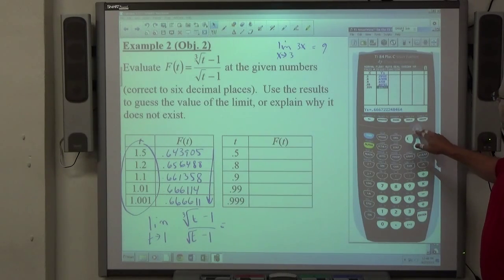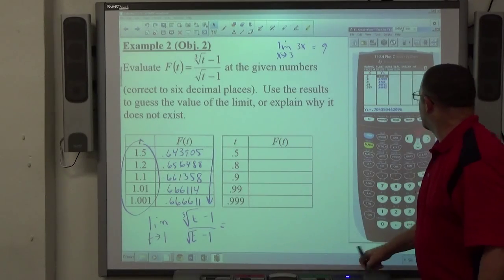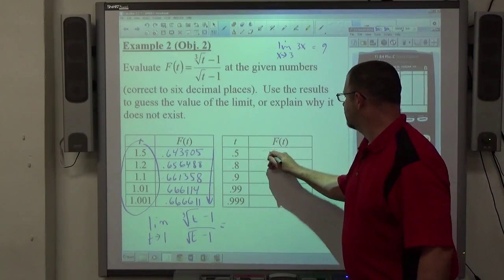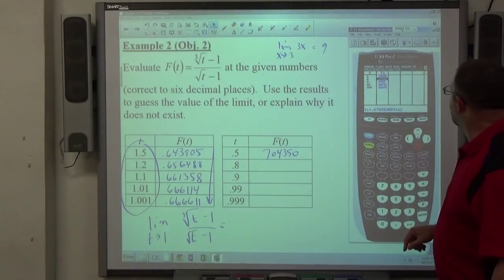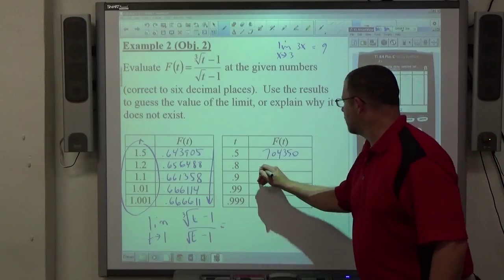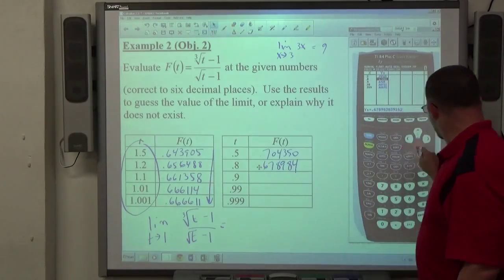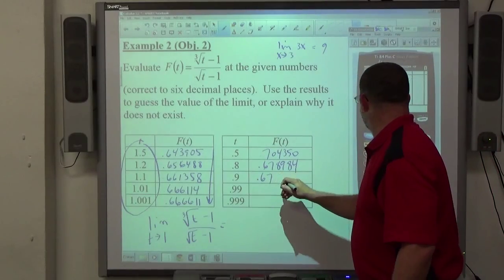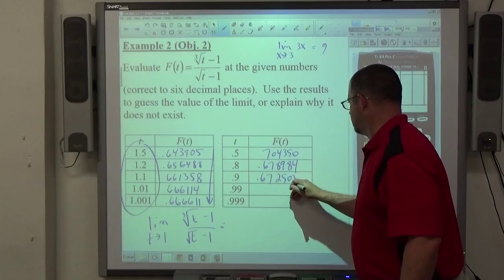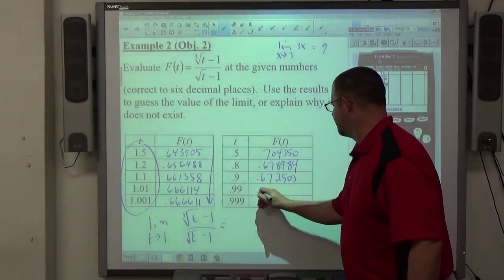And go back in this column and we start entering 6-digit decimals. 0.704350. 0.678984. 0.672503. 0.667225.